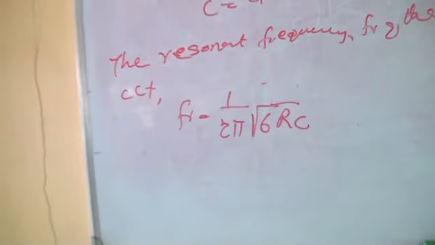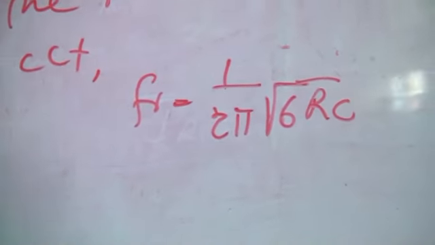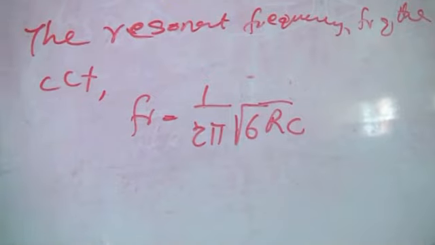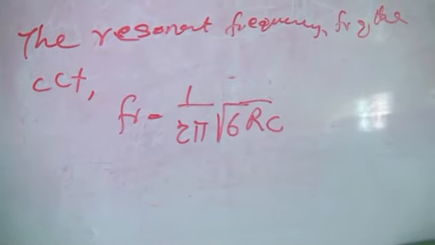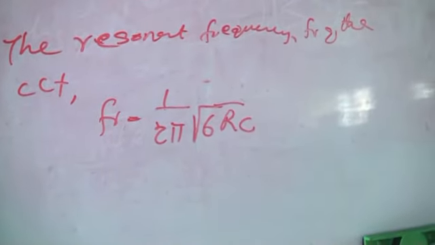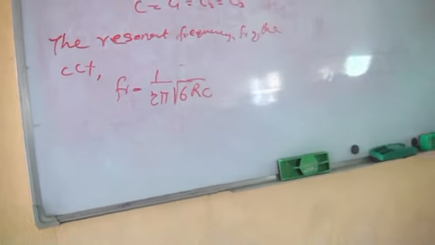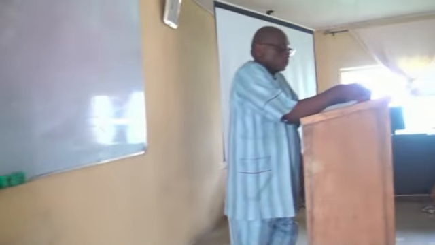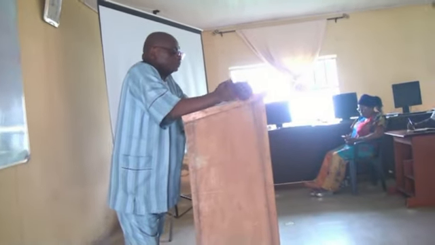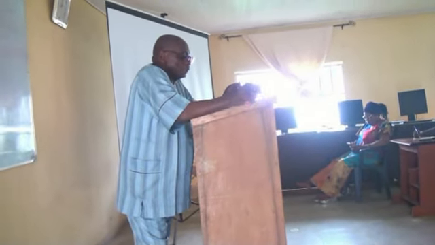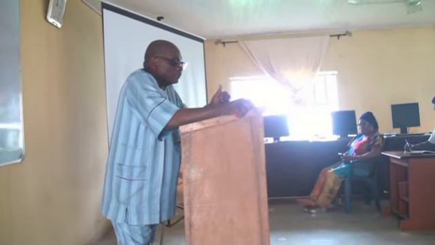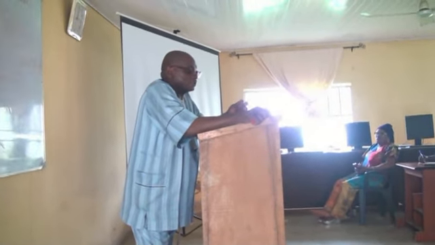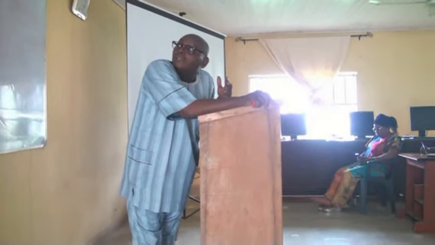So let us solve a problem that relates to what we're doing here, just one problem on the phase shift oscillator. The question says determine the value of RF, the feedback resistor, necessary for the circuit in the above figure to operate as an oscillator.